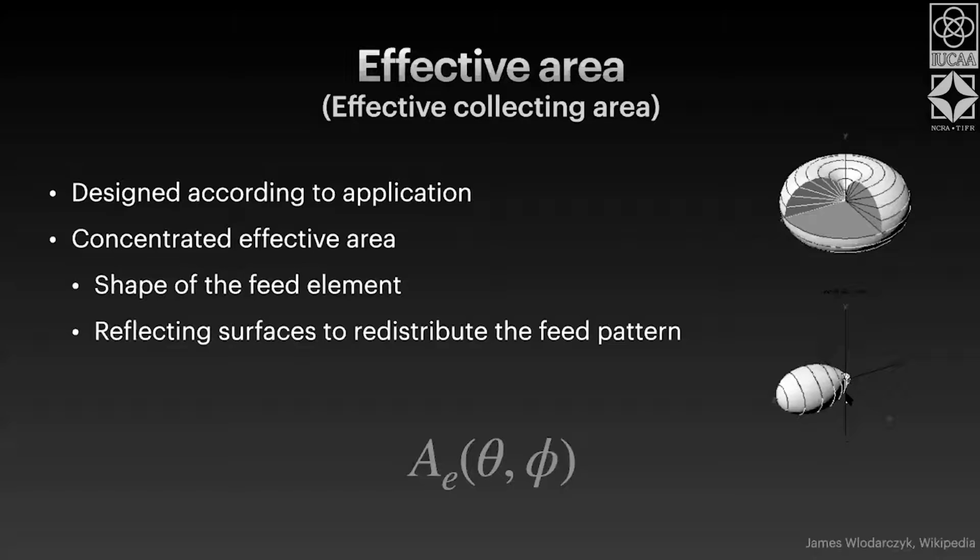If you design the horn of the antenna right, it will look something like this. Once the feed is designed, I think the effective area is conserved, and you can use reflectors to redirect it such that you can get higher effective area than it was without the reflector.